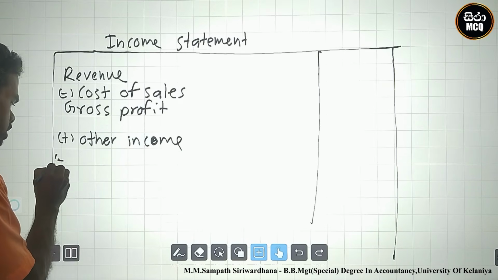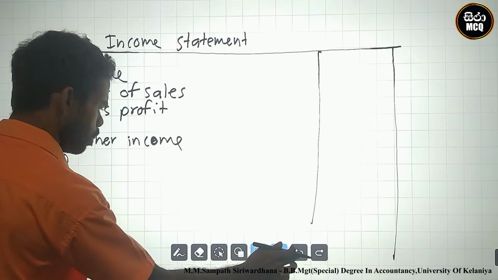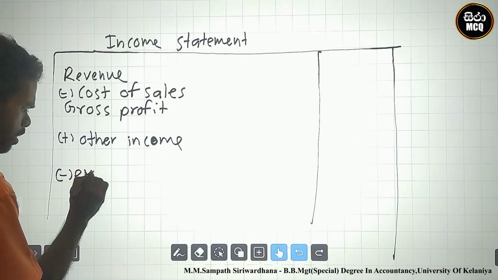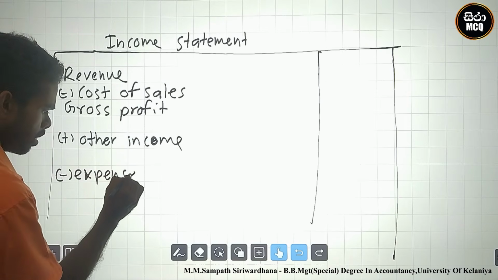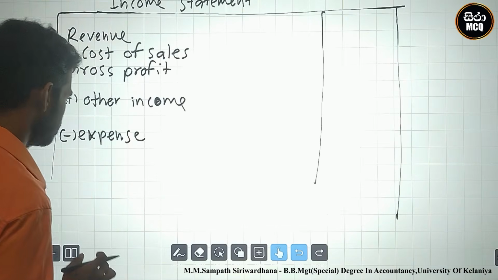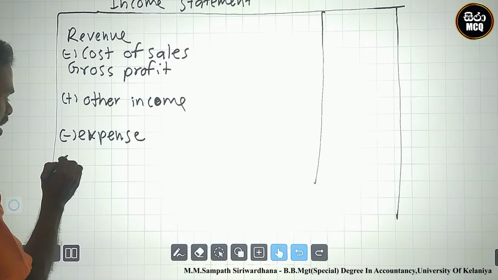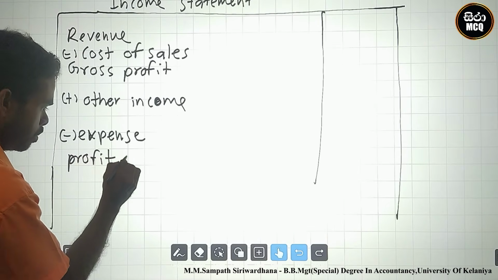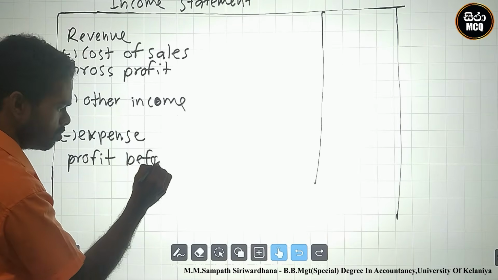Then I minus all the expenses. This is a draft, so don't think about the taxes. I write it: profit before tax.